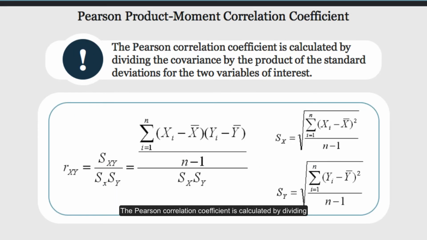The Pearson correlation coefficient is calculated by dividing the covariance by the product of the standard deviations for the 2 variables of interest. Formulas for the Pearson correlation coefficient and the 2 standard deviations are presented here. The symbol R subscript xy is used to represent the Pearson correlation coefficient between variable x and variable y. S subscript x and S subscript y represent the standard deviations for variables x and y, respectively.